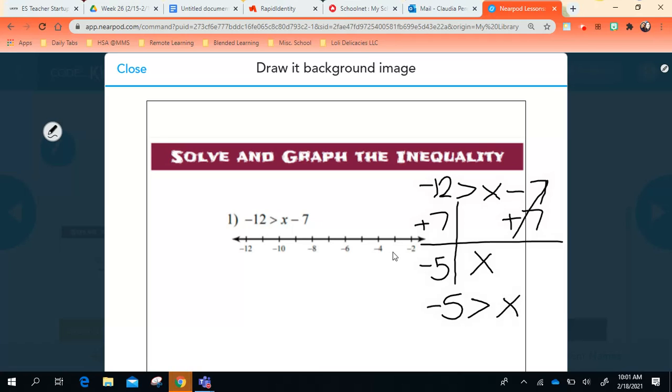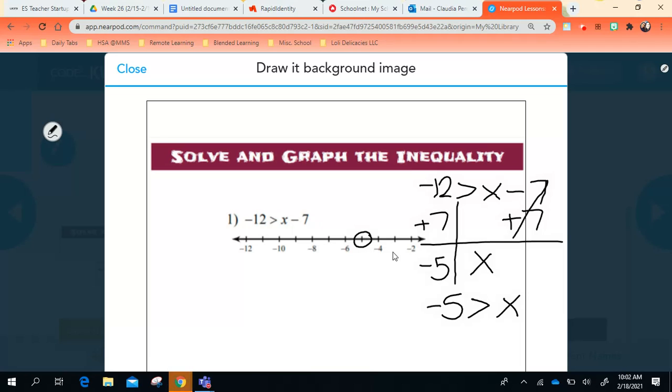Notice, I solved it the same way. Now I just need to graph it. Greater than, is that an open circle or a closed circle? Open circle. Remember, you can refer back to your notes if you're not sure. Open circle because it does not include that number.